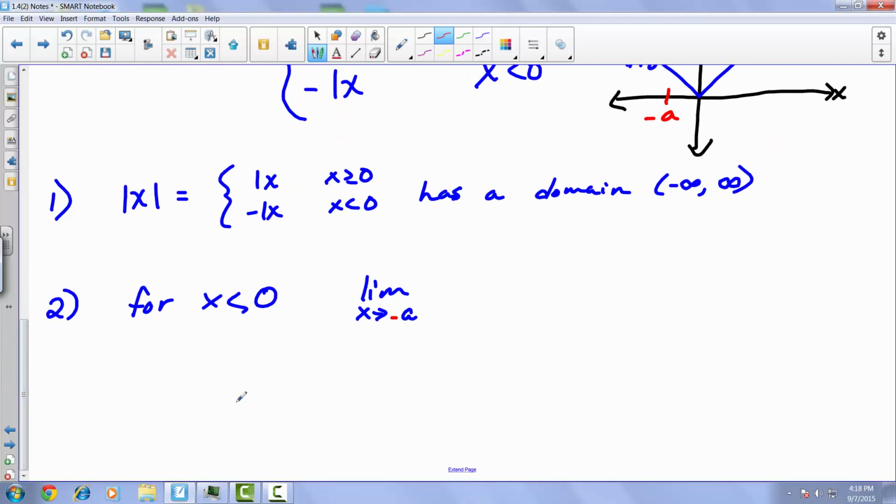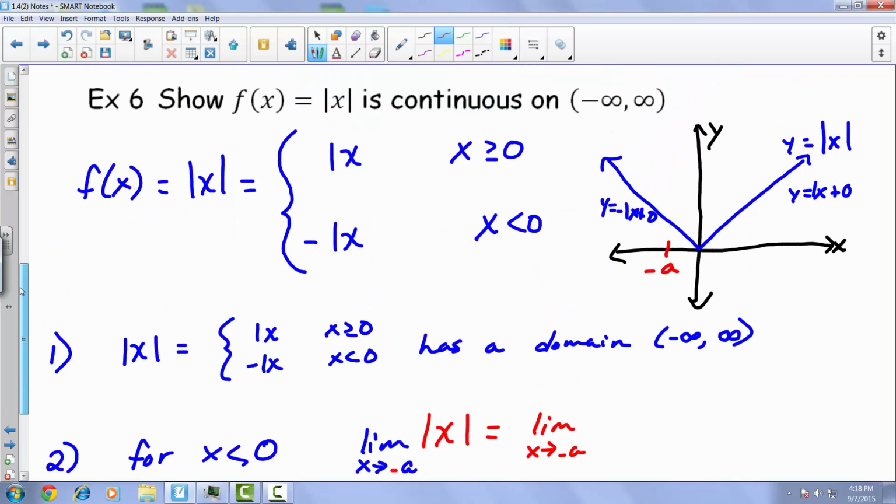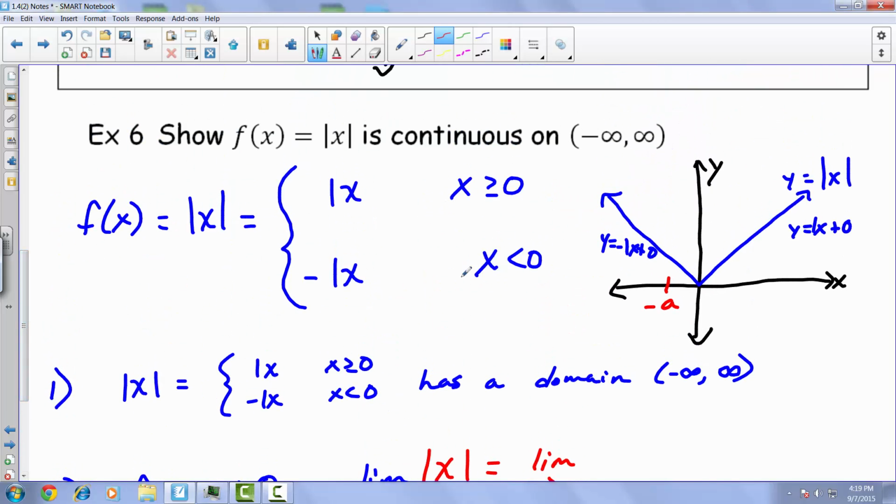So that's why it's important for this limit to have that negative in there. The limit as x approaches negative a of the absolute value of x is equal to the limit as x approaches negative a of, from our piecewise function, since we're only dealing with x values less than 0, we would follow this portion, negative 1x.